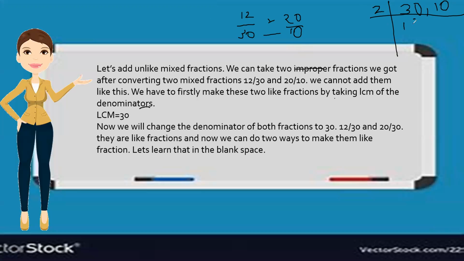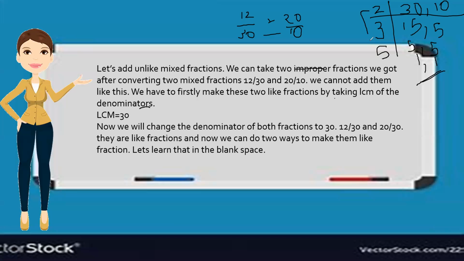We divide 30 by 2 and get 15. Now 5 cannot be divided by 2, so let's come to 3. 15 is divisible by 3. 5 is not divisible by 3, so write it as it is. Now 1 is left, so it is done here.